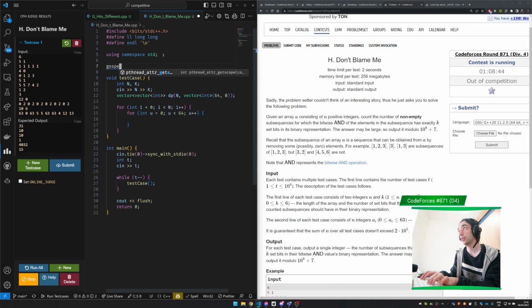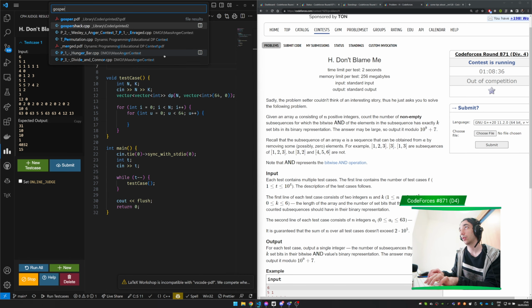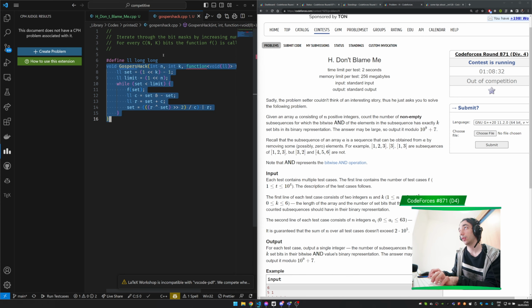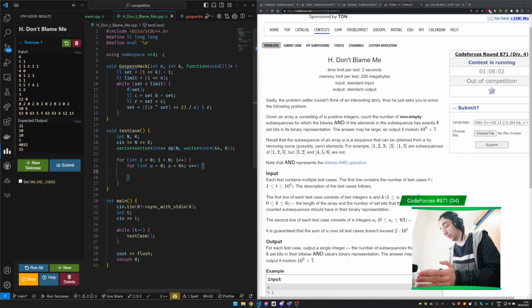So there's this Goshpers hack here, where you kind of say... okay, so what we're going to do is, for which subsequence of elements has exactly k set bits in there.